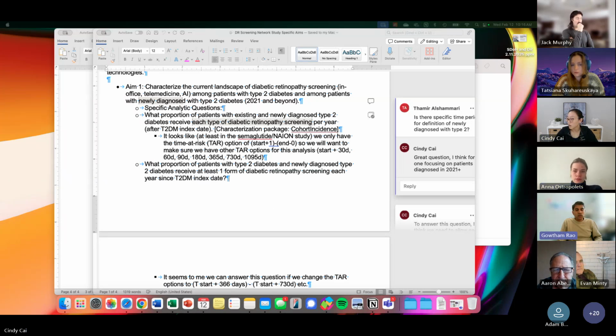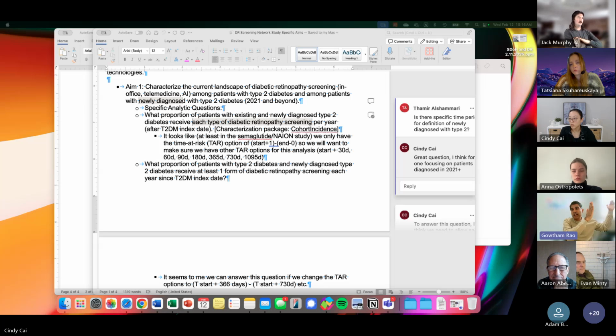If you think about it as a washout period in an all event design, and you were saying that the patient can re-enter only if they did not have the screening in the past 365 days, assuming that the screening is done every year, then every new event of diabetes without a screening in the past 365 days can be considered as a new entry date.